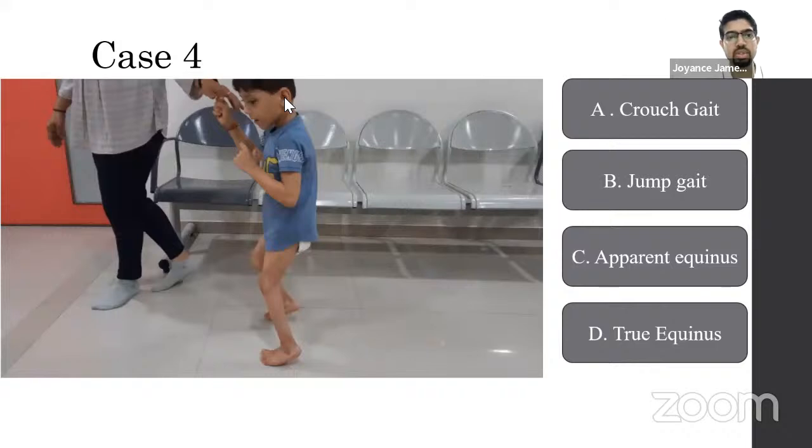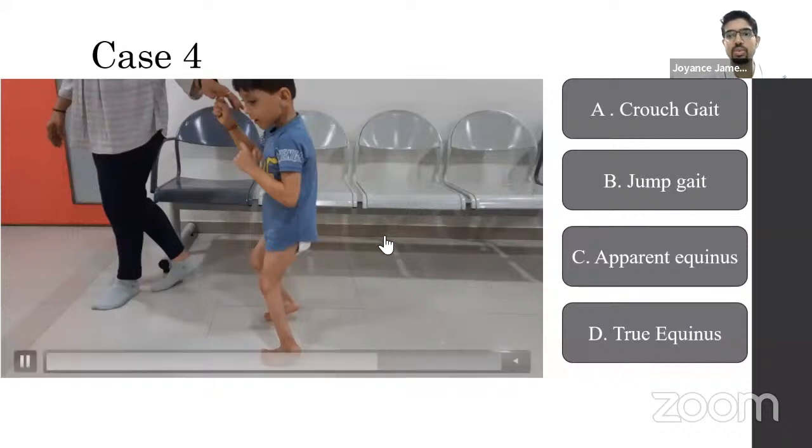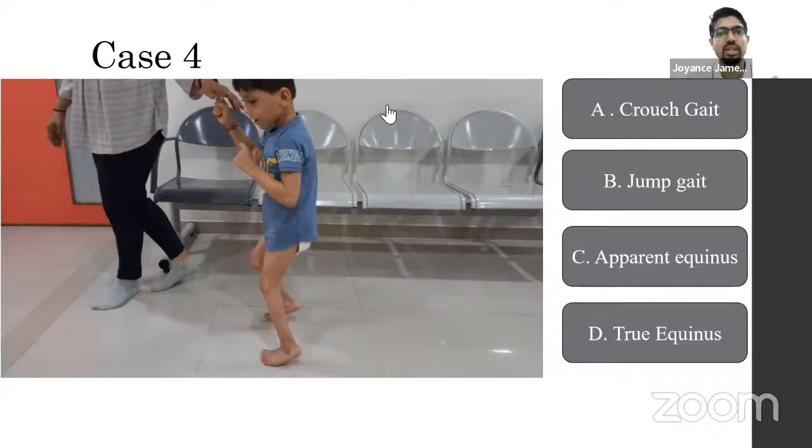Okay, the answers have come B and GMFCS 3. So jump gait plus GMFCS 3. And after what age can GMFCS be applied? Maulin sir, Gaurav sir, would you like to describe this gait too?